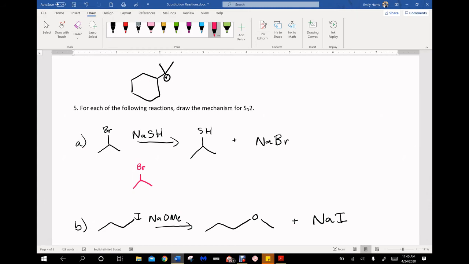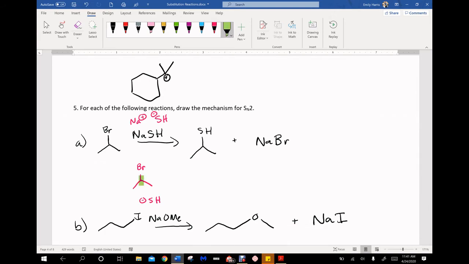So we've got the bromine, and this sodium with the NaSH, it's going to be an ionic compound, and so it will separate into sodium plus 1 and SH, sulfur and hydrogen, with a minus charge. So that negative charge on the sulfur and hydrogen will be our nucleophile.